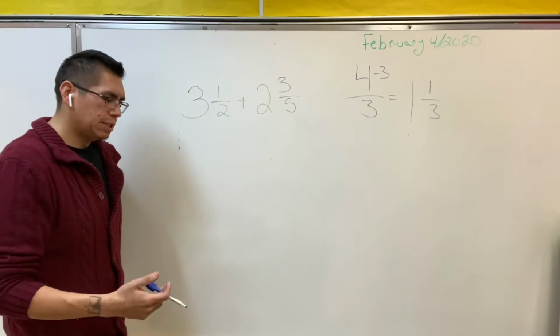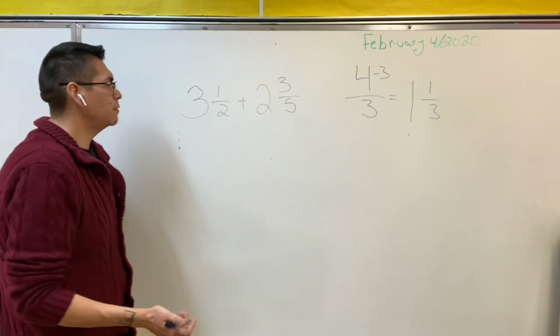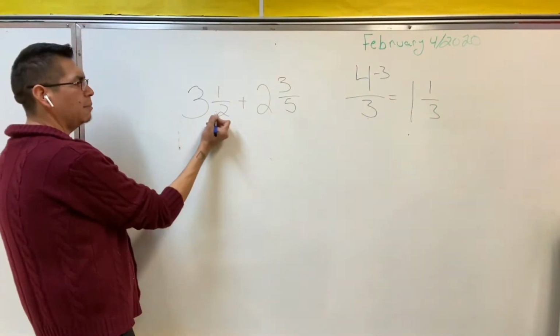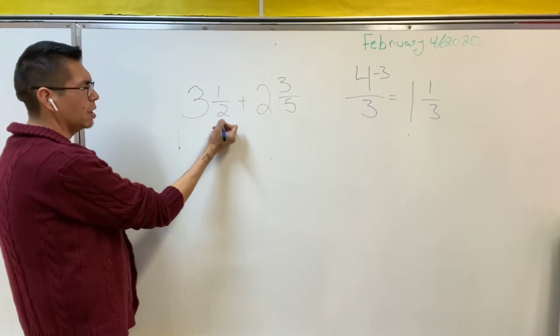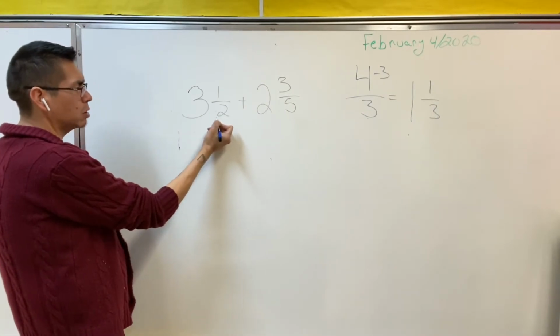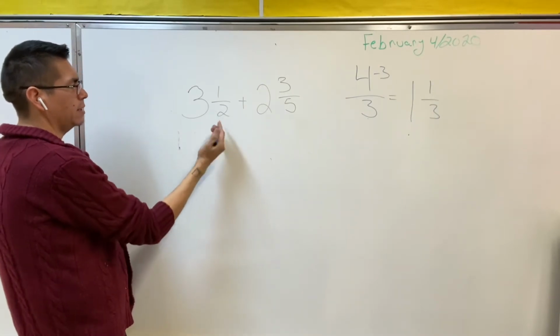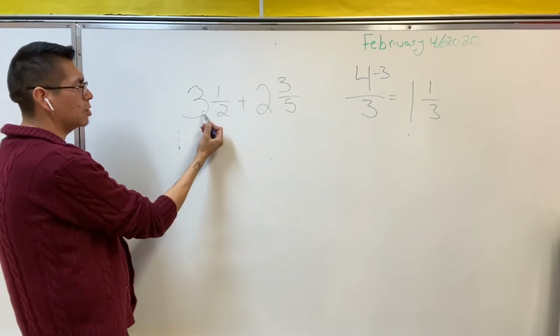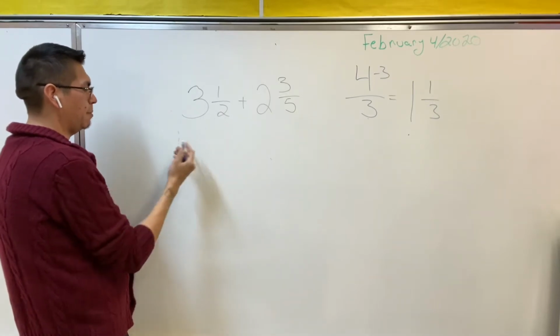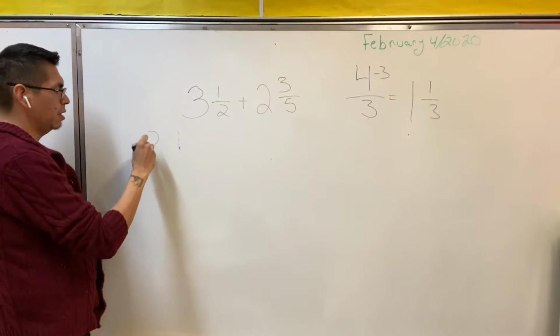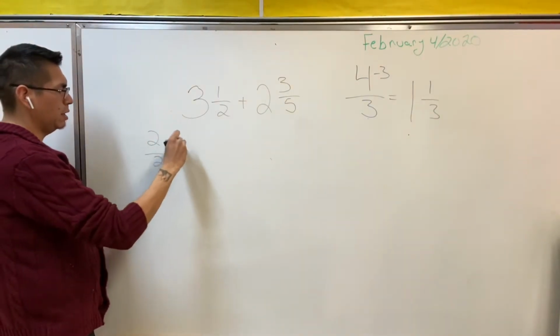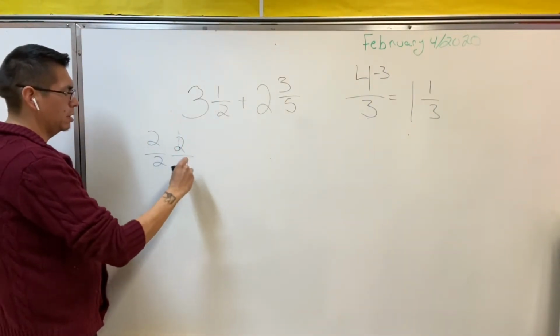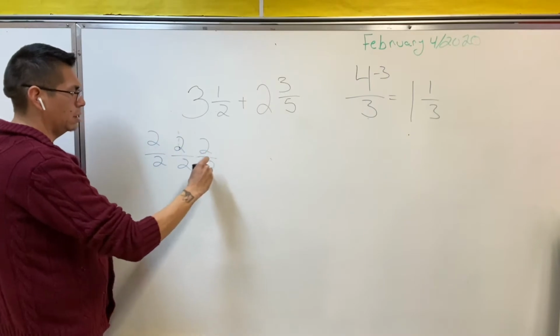How do we do this? Well, if we take a look at this, how many times can we make a whole chocolate bar, right? Well, we have 3 whole chocolate bars. So that means we have this 3 times, right?